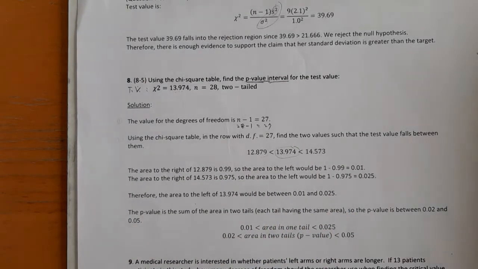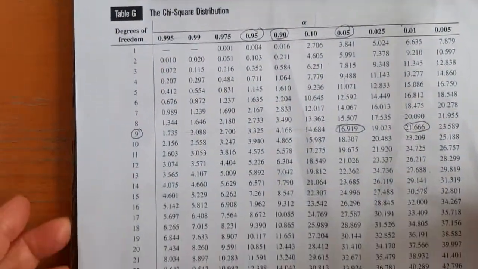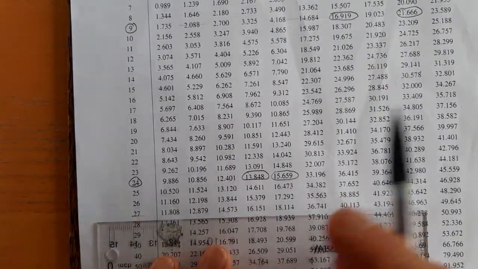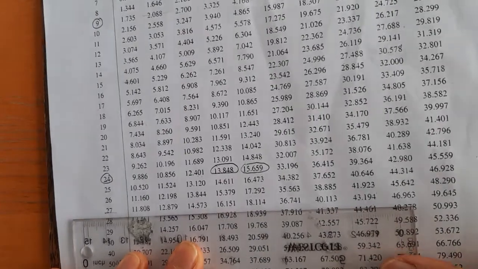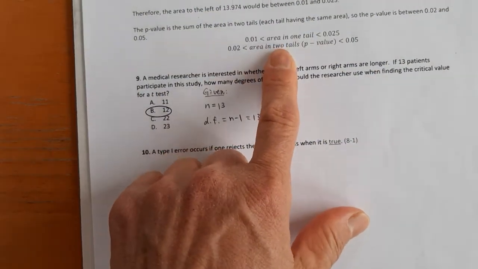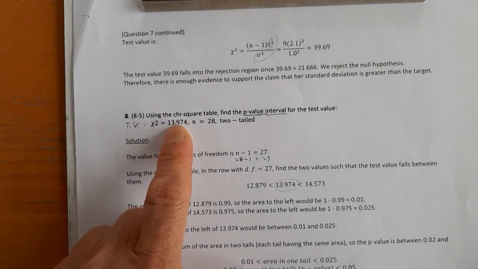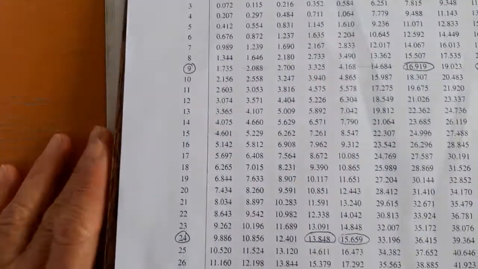Let's look at the chi-square table. Degrees of freedom is 27, and the test value is 13.974.